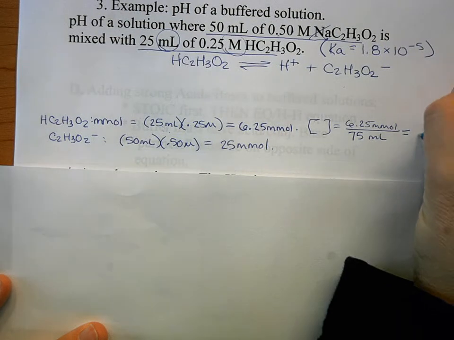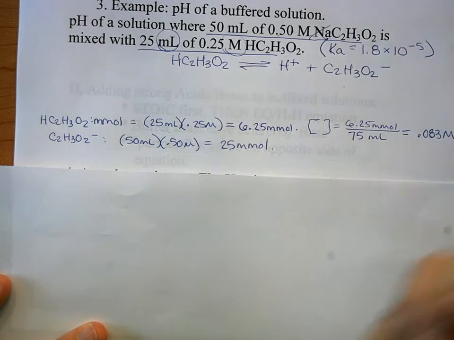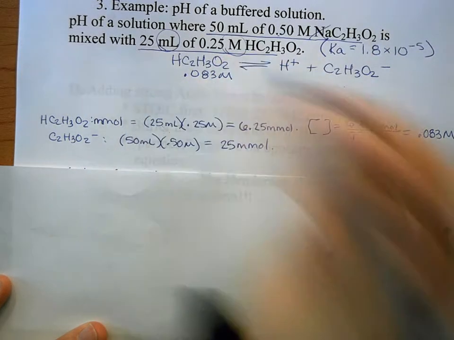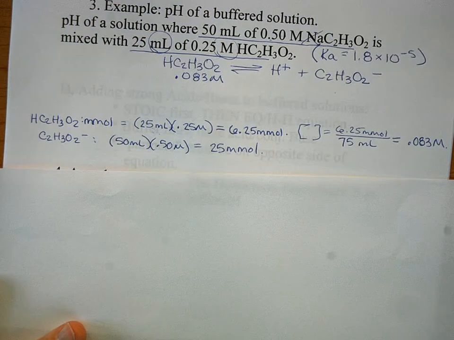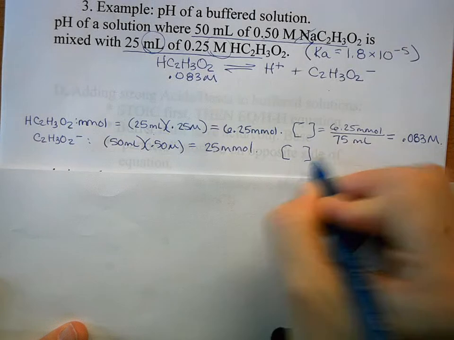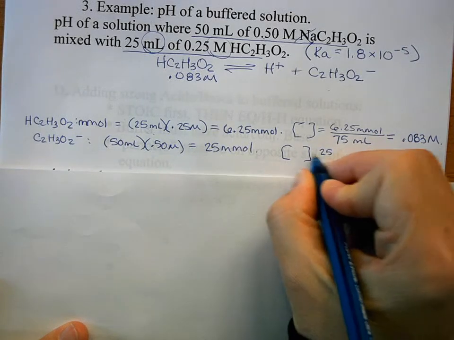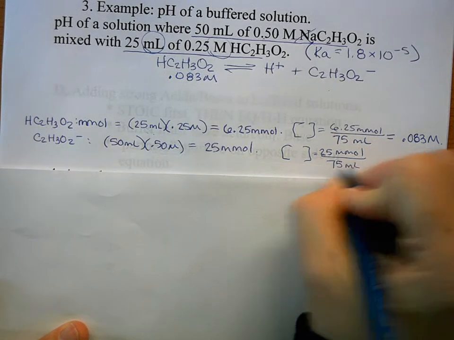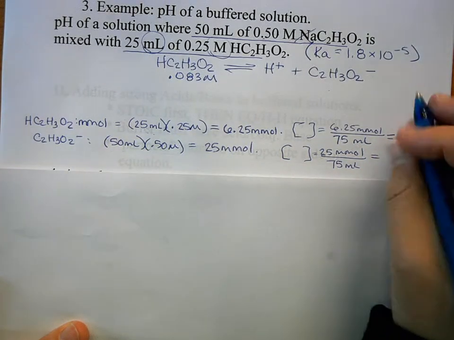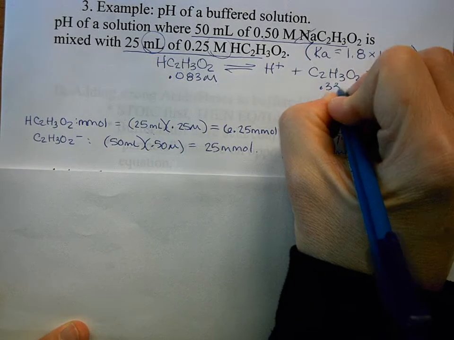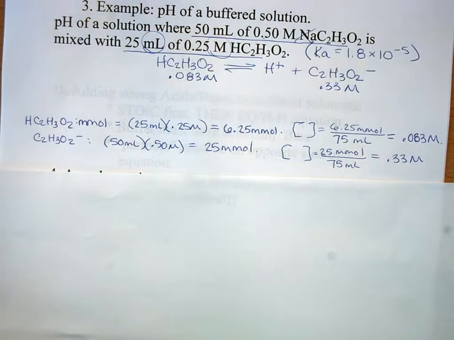So that is 0.083 molar, my initial concentration of acetic acid. To find my concentration of acetate ions, it's 25 millimoles over 75 milliliters of the whole solution. That gives me 0.33 molar, my starting concentration of acetate ions.